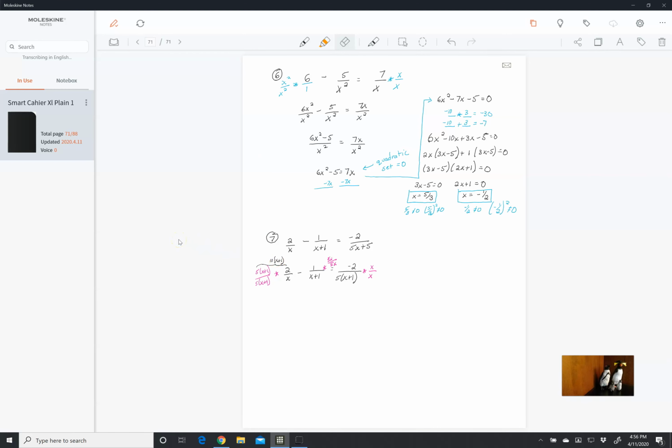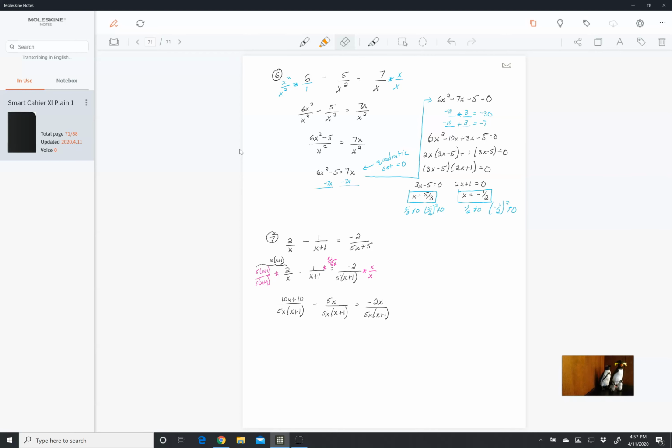So this becomes 10x plus 10 over 5x times x plus 1 minus 5x, and then we have a 5x times x plus 1, and then we have equals negative 2x over 5x times x plus 1.